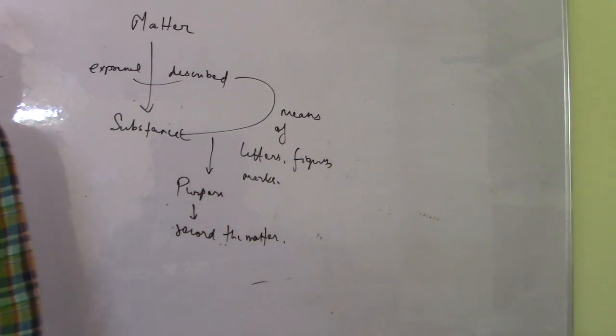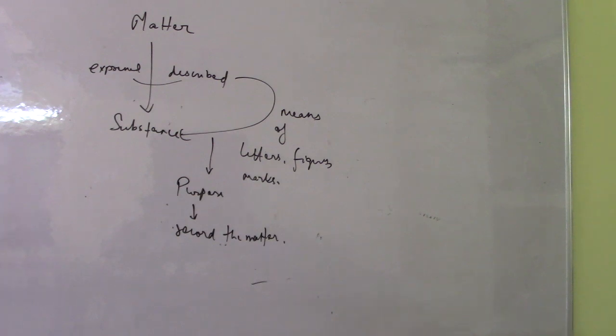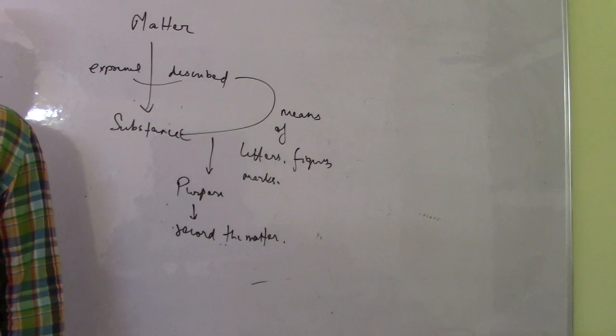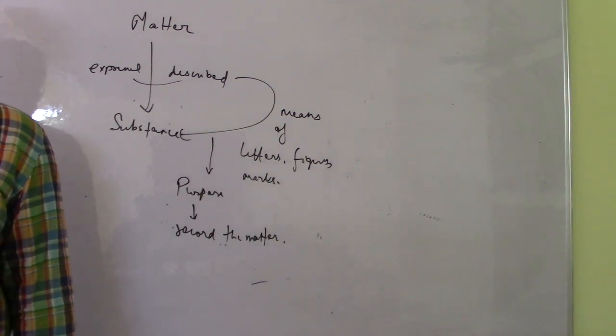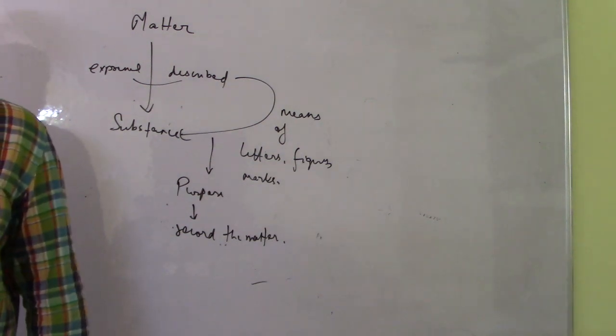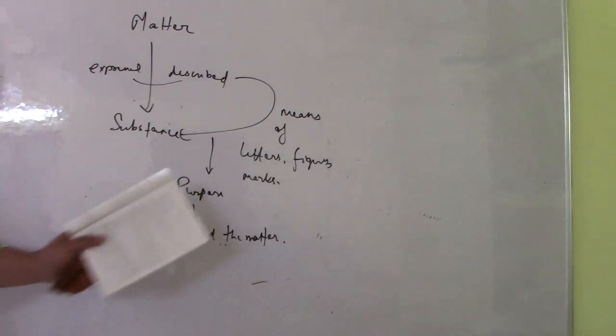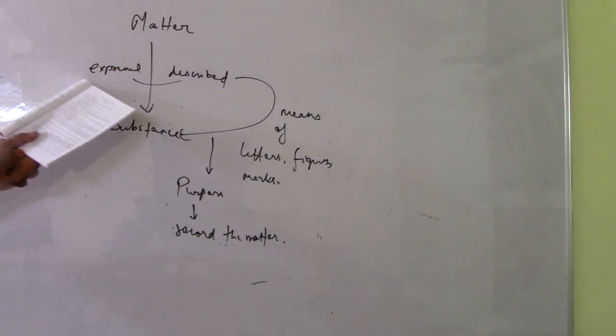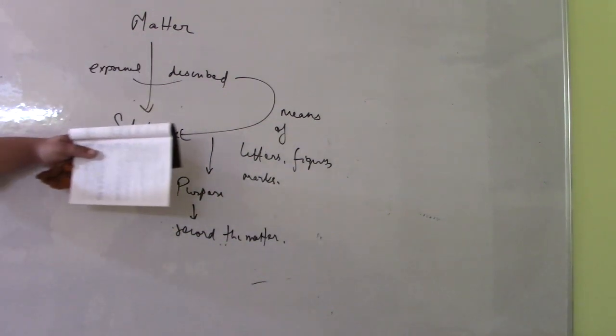Not exactly. See, in both expression and description, you are writing something, right? But there is a difference when you are just using a pen and let's say you are writing on the board, on the table, on the wall, anywhere, right? Why am I saying table, board or wall? Because this expression or description has to be done on a substance.